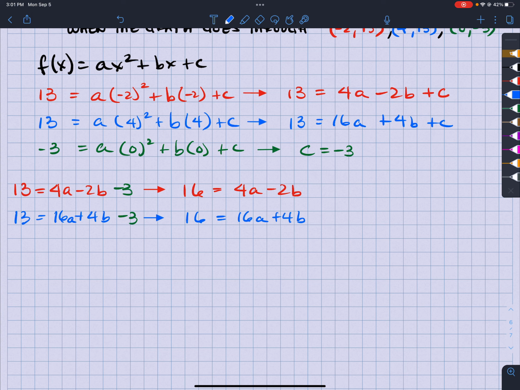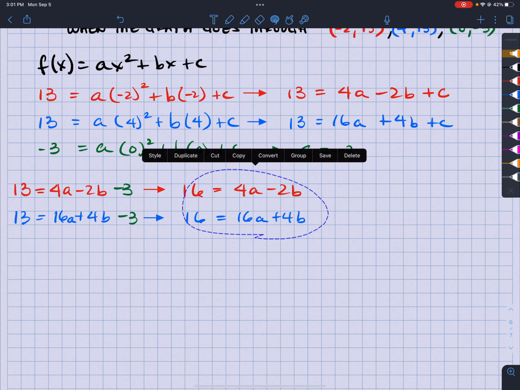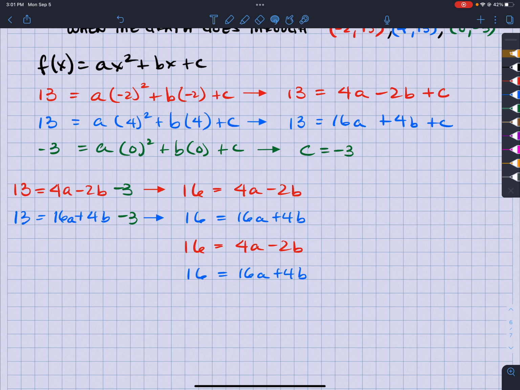Let's do elimination, okay? So let me go ahead and take this right here. In case I want to do double elimination, I could. But over here, I can see that these coefficients, one is positive, one is negative. So why don't I go ahead and make this top one a negative 4b by multiplying it by 2.